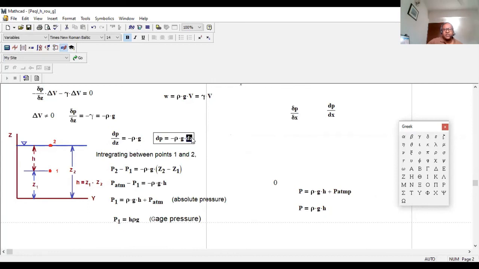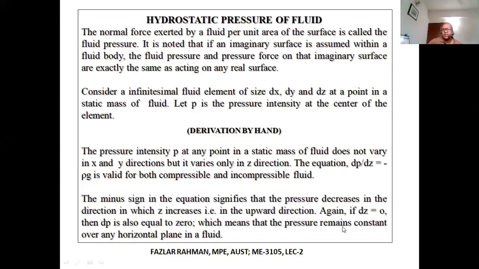So if dz equal to 0, that is, no change of distance along the vertical direction, then dp will be 0. That means if you are not moving along the vertical direction, then the change of pressure will be 0. And this equation, dp by dz equal to rho g, is valid for both compressible and incompressible fluid.